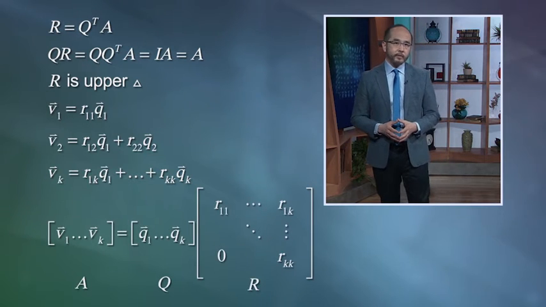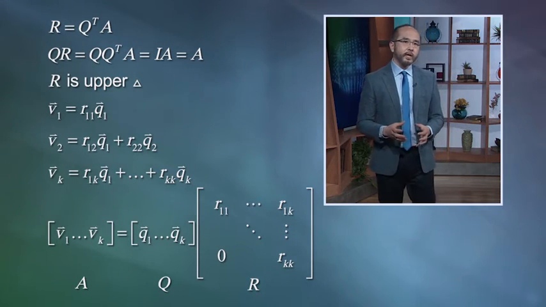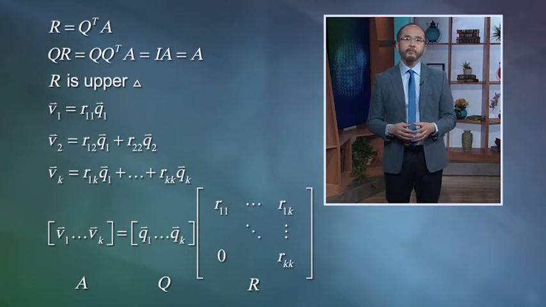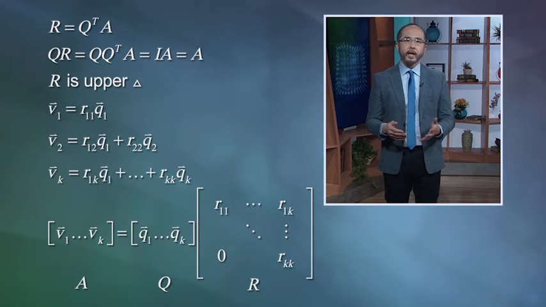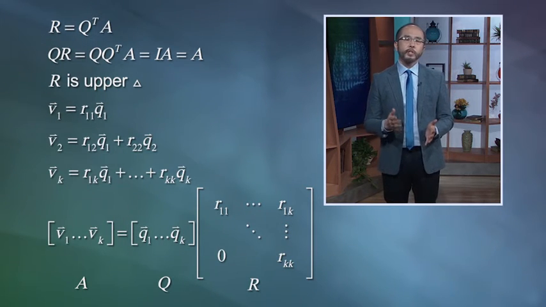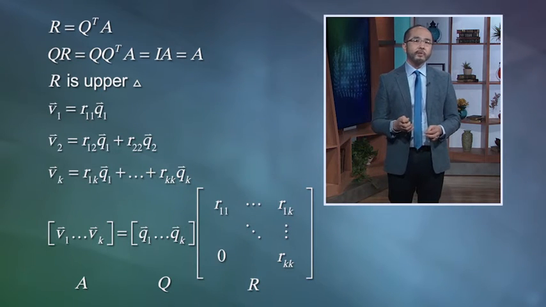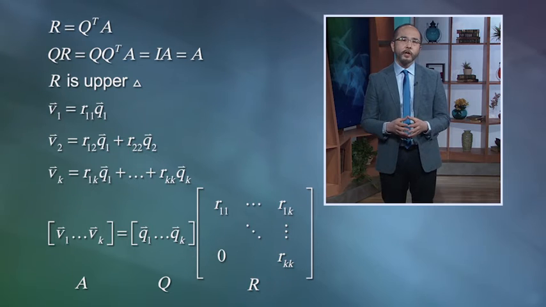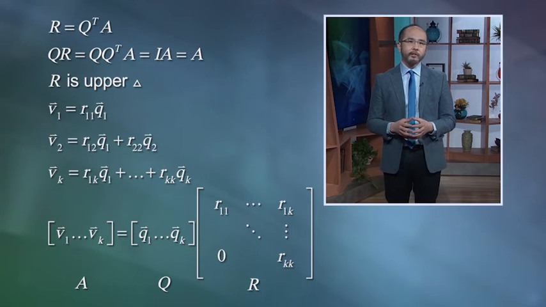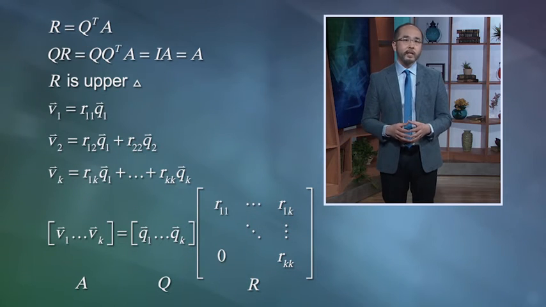The diagonal elements of R must all be non-zero because we constructed Qk as a normalized version of Wk, and Wk was defined in terms of Vk and W1 through W sub k minus 1. So the coefficient R sub kk must be non-zero. And by the way, it is known that if you require the diagonal elements of R to be positive, then the QR factorization is unique.